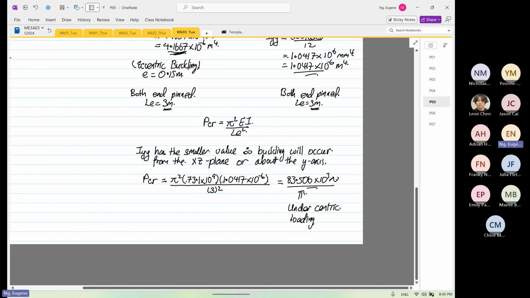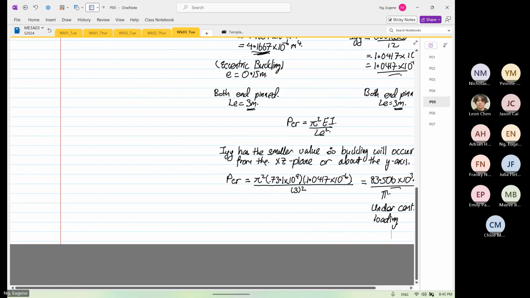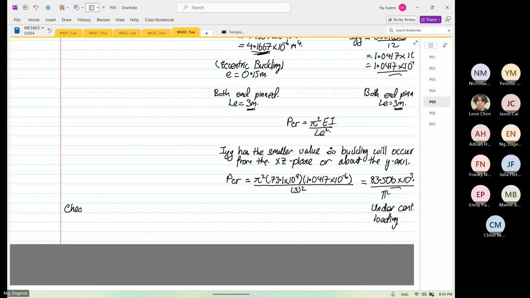So when that's the case, we have to check that stress U is greater than PCR divided by area. Why do we use PCR divided by area, which is our critical stress? This is because of centric buckling.